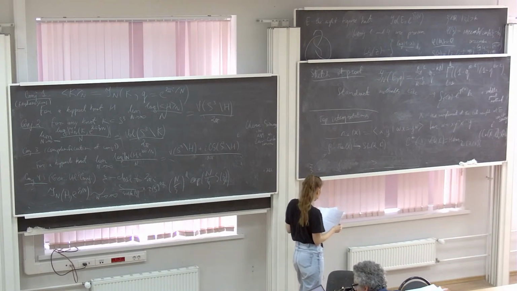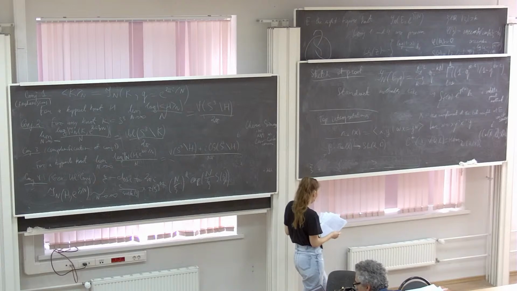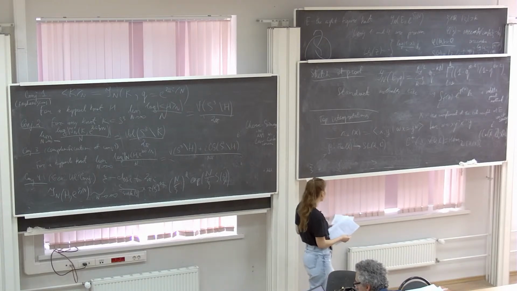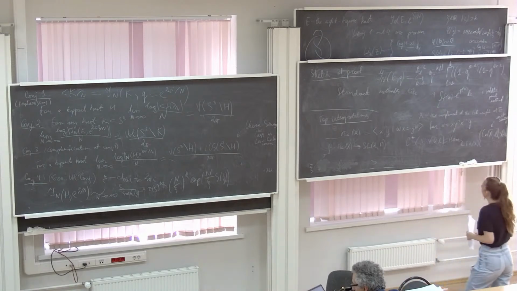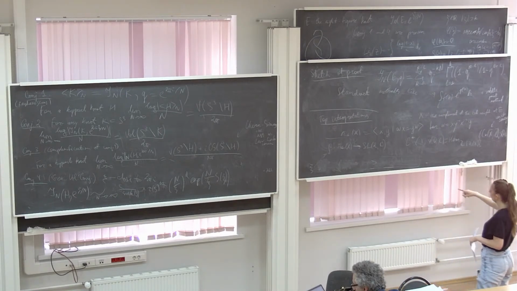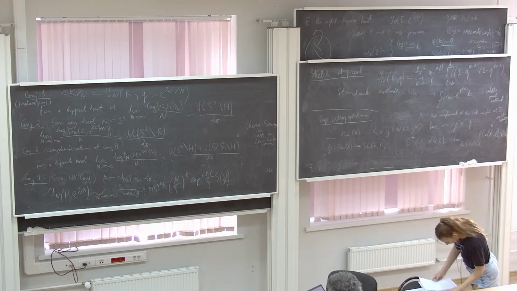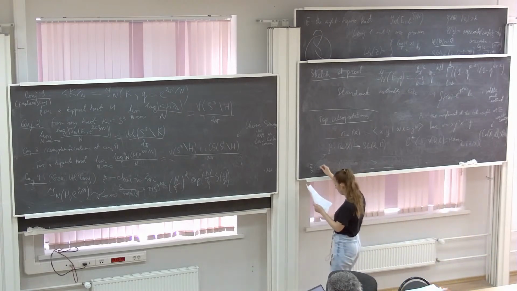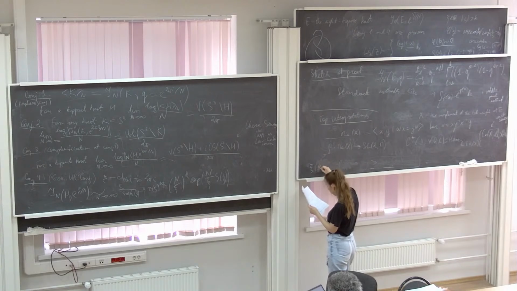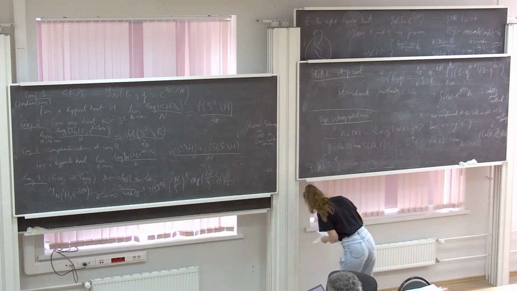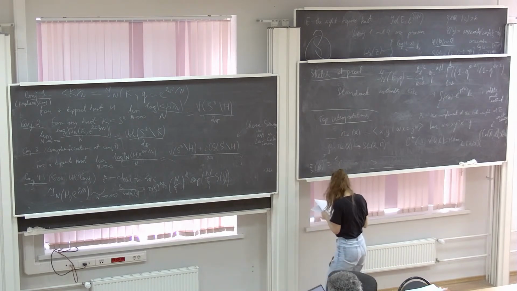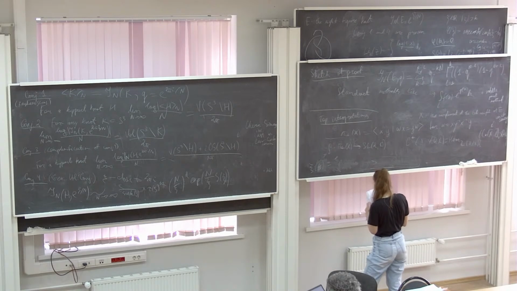If we have some representation, we want to look at the matrices of its image on X and Y, and this is given by the following. Нет, это я перепутала. Сейчас.